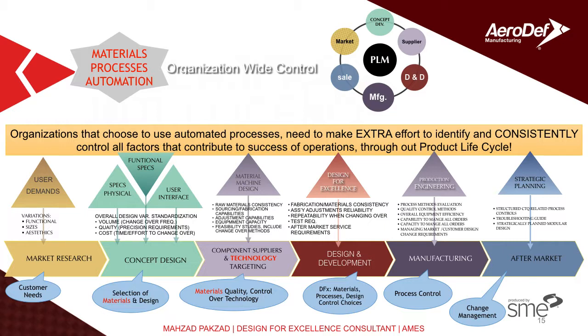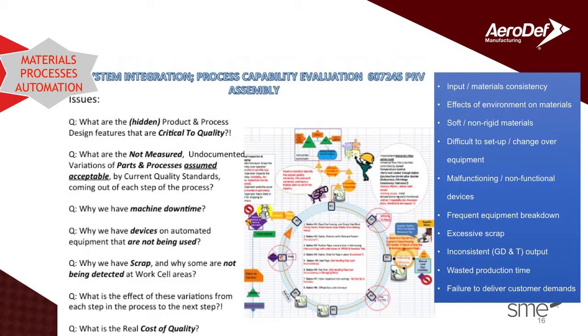And of course, change management for aftermarket design changes for future issues. These are some of the issues people deal with in existing automated equipment. These are cases where people didn't do a thorough evaluation of the product and customer needs when they came up with the automated equipment design.